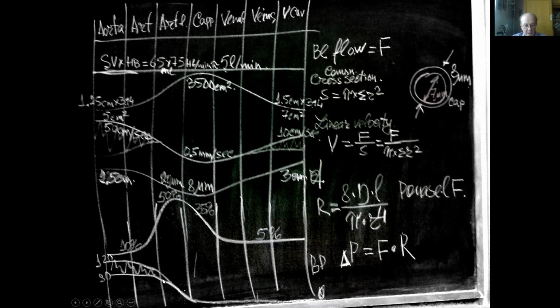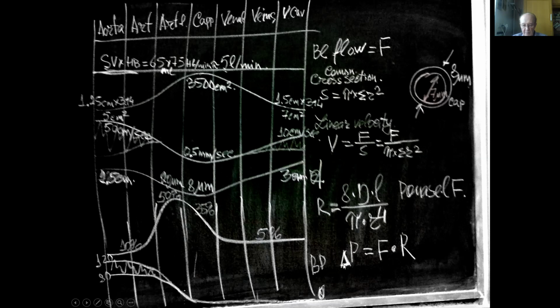But little by little, according to the vascular resistance, blood pressure starts to decrease. And the maximum decrease happens not in the capillaries. It happens before the capillaries, because the maximum resistance happens in the small arteries and in the arterioles. This is the change of the pressure, not the absolute value of the pressure.